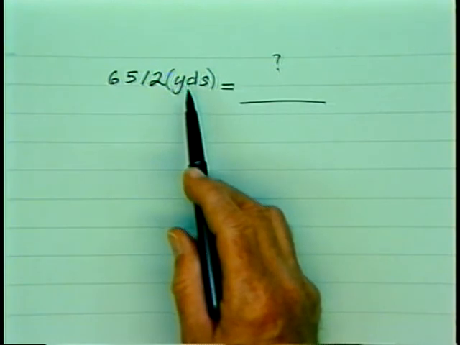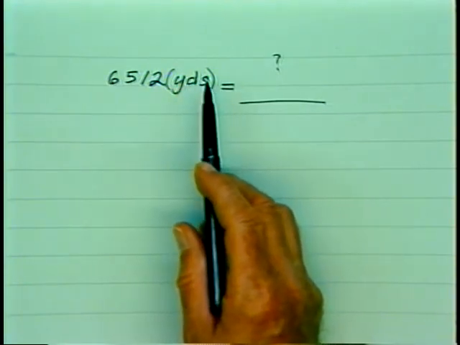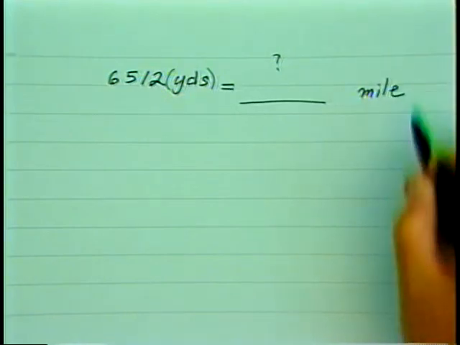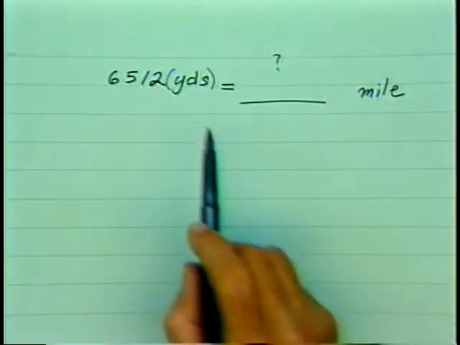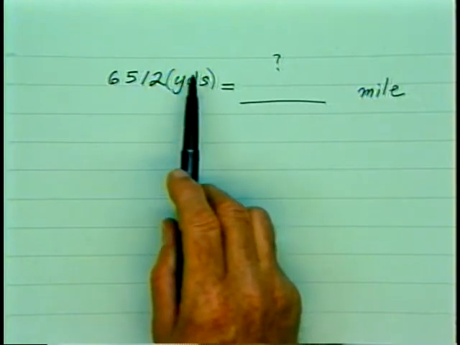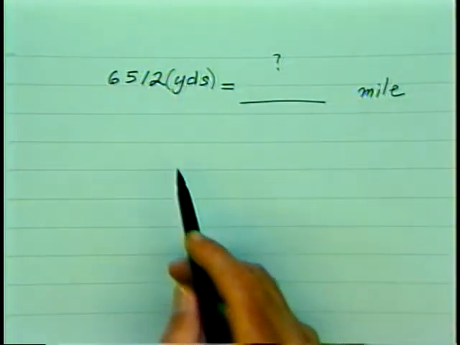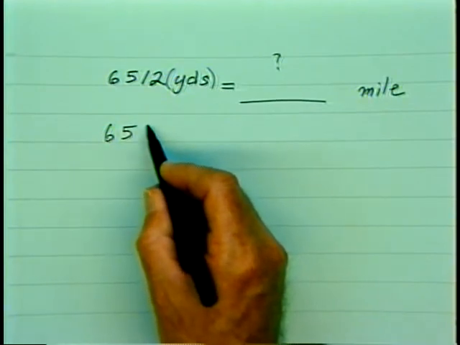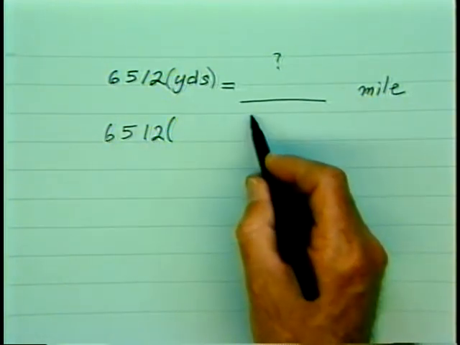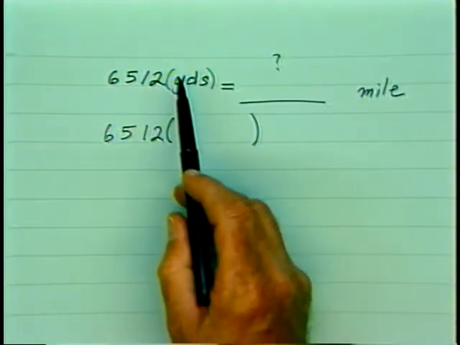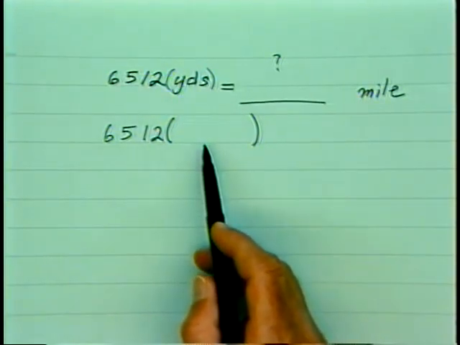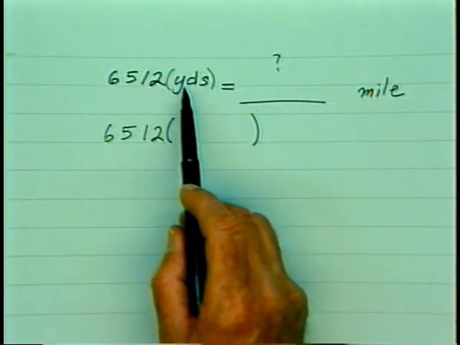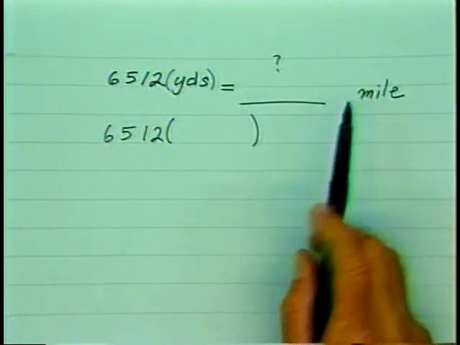So after we get a yard length, the next larger for most people is the mile. So we would ask, how do we go about converting yards here to miles? Well, again, our technique is to leave the number part temporarily alone, but we're going to convert 1 yard to miles. So we need a conversion equivalent between yards and miles.